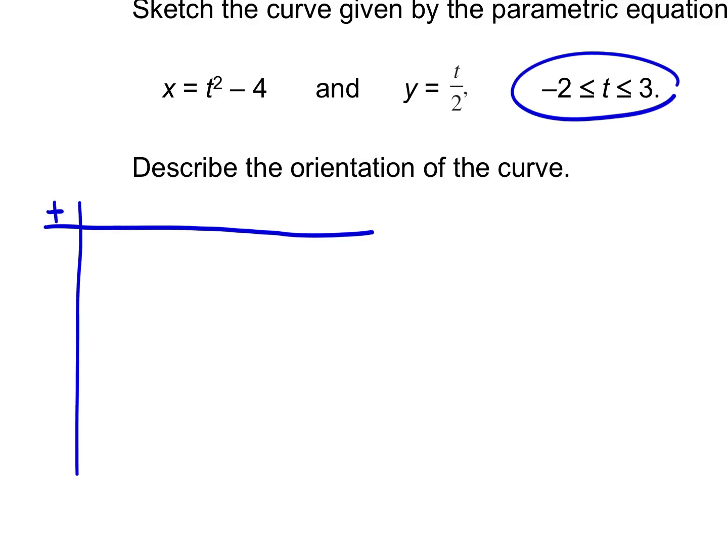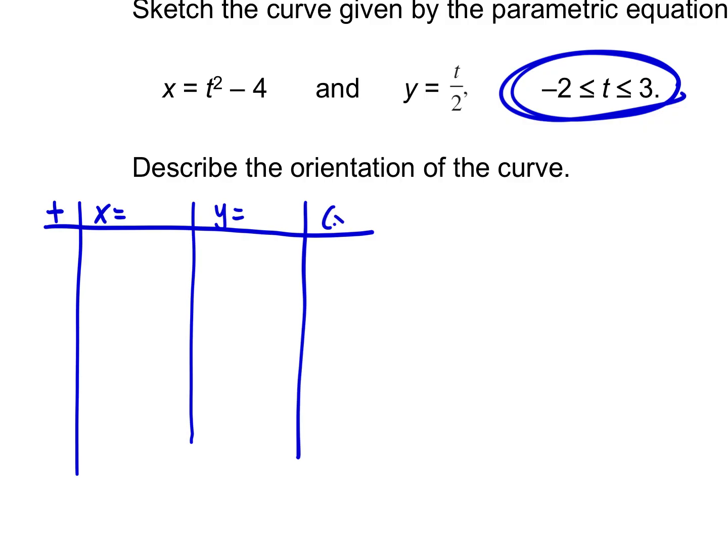Now it gives us what values of t we should stick in between. So it says we want to plug in values of t from -2 to 3. So we're going to follow this here. We're going to plug it into our x and figure out what x equals. Then we're going to plug it into our y and figure out what y equals. And then that'll give us points x, comma, y.